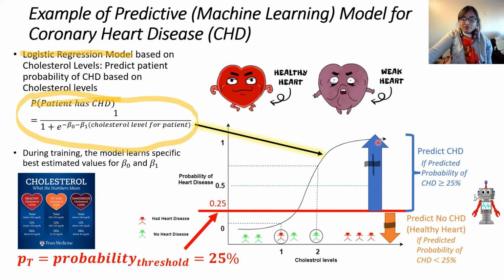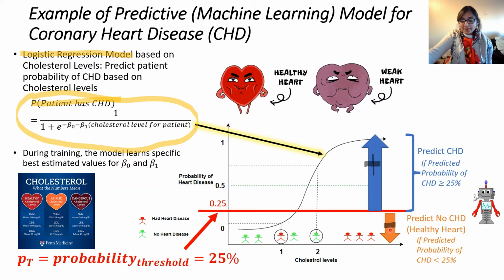It's because we would rather give more positive predictions, even if there are more false positives as well, because we want to limit as many false negatives as we can. We want to make it stricter, because for us, identifying these weak hearts is more important. Minimizing false negatives is more important.